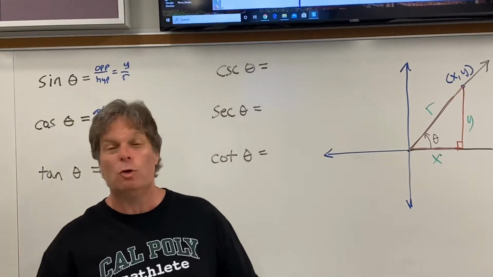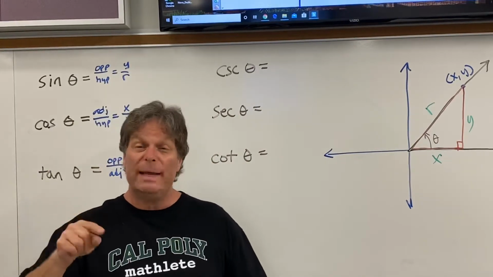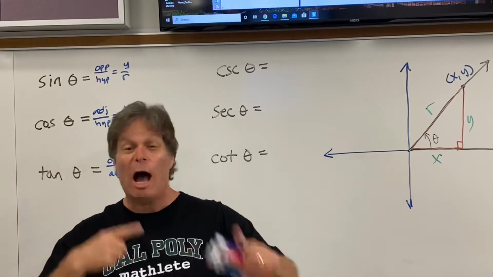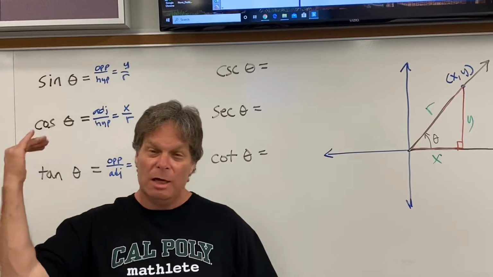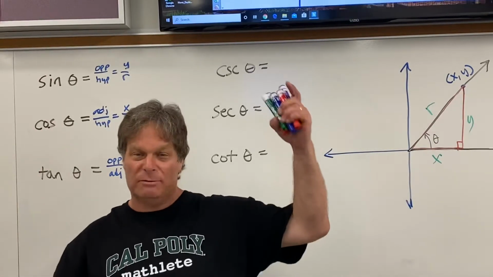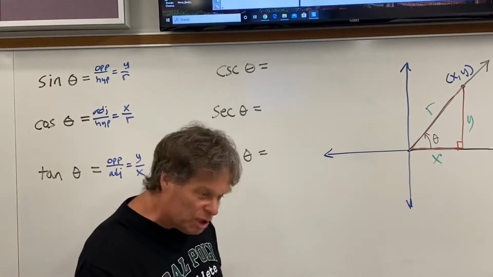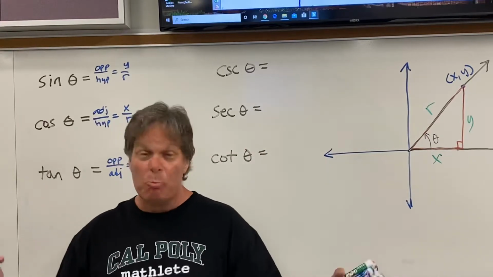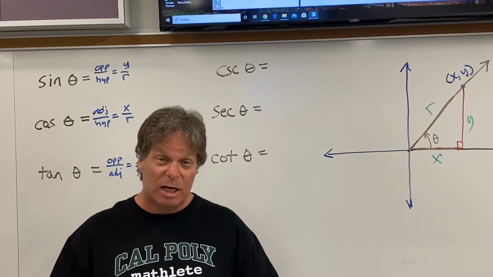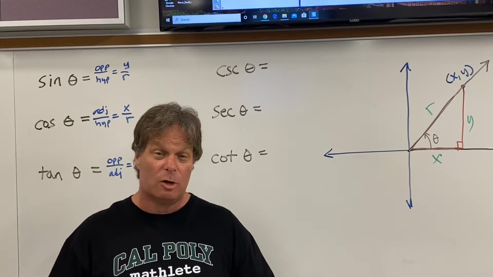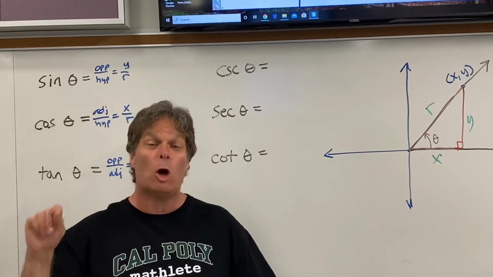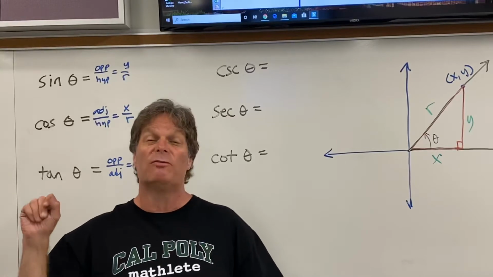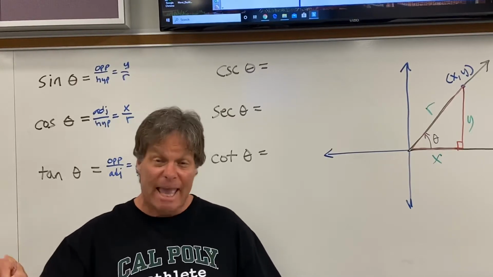So what do you have to do? You have to ask yourself what makes sense and then do the opposite, because that's not how it is, okay? It should be secant reciprocal of sine, cosecant reciprocal of cosine, but unfortunately they didn't consult me when they invented the terminology, and it turns out the reciprocal of sine is cosecant, the reciprocal of cosine is secant.